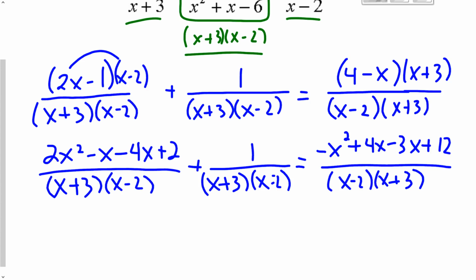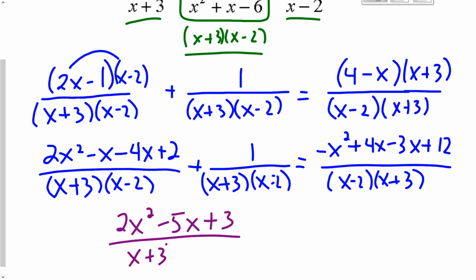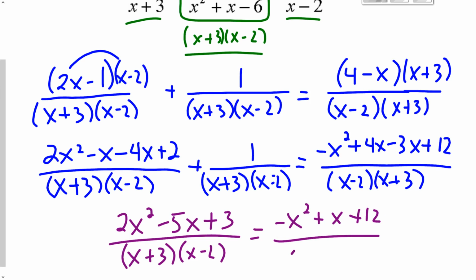This is going to be 2x squared minus 5x plus 3 all over x plus 3, x minus 2. And then on the right-hand side, it's going to be negative x squared plus x plus 12 all over x minus 2, x plus 3.